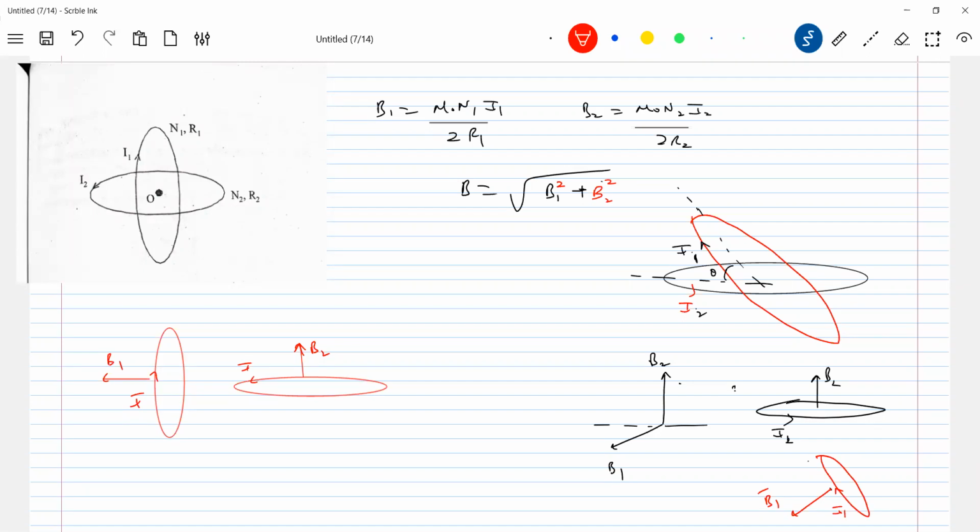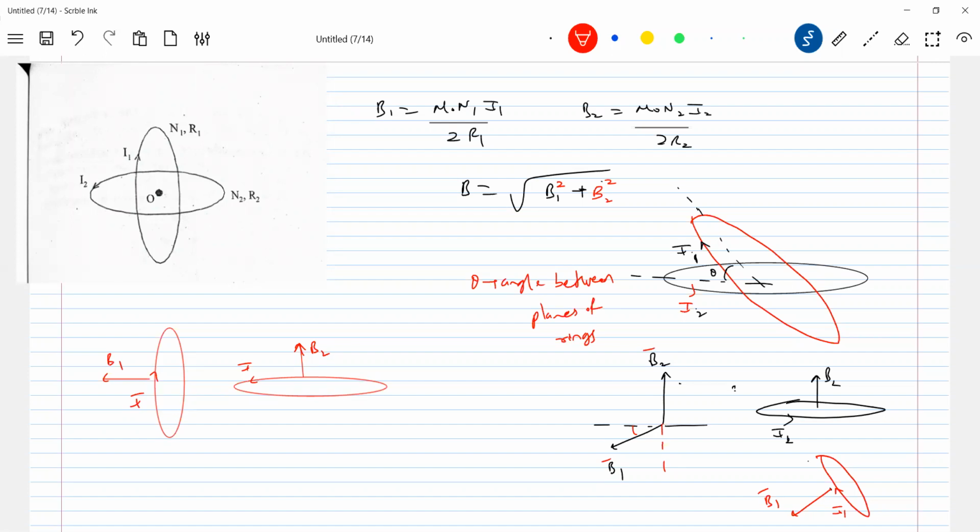This theta is given for us, the angle between the planes of the rings. Where do you introduce theta in the vector diagram of B1 bar and B2 bar?